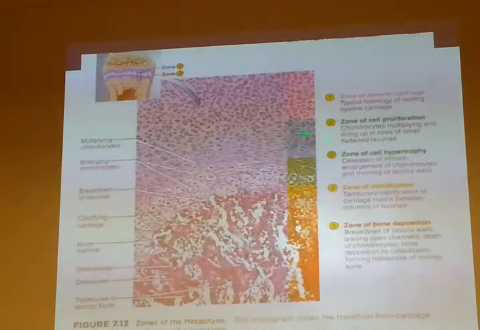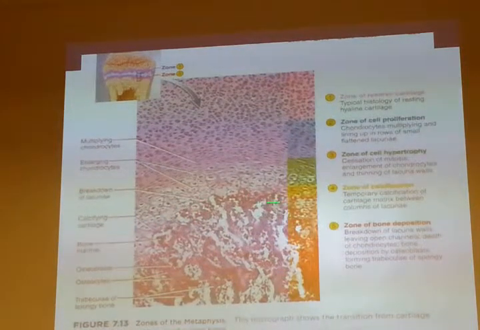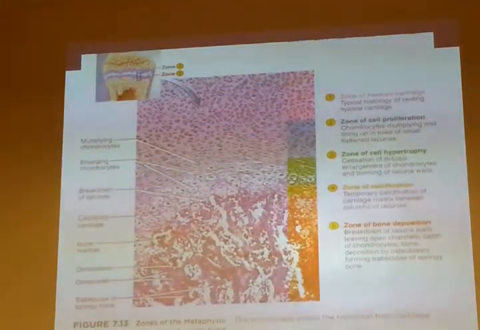So you start with an area where the chondrocytes are multiplying, then they enlarge, then they start to secrete the matrix, and eventually the osteoblasts on the diaphyseal side will start to ossify the surface, and the edges of the cartilage will start to get ossified.